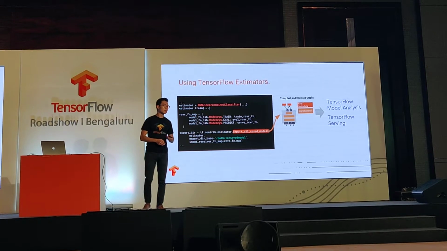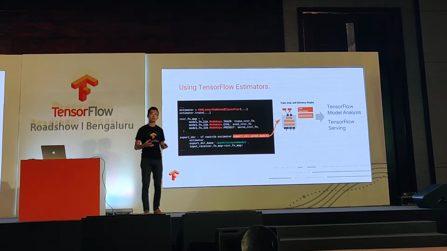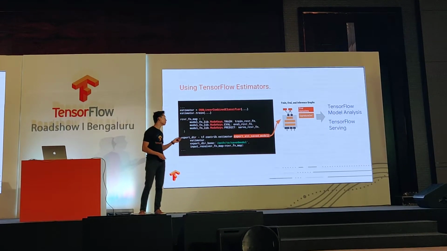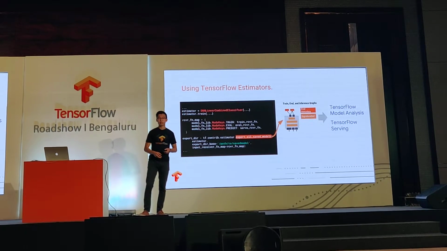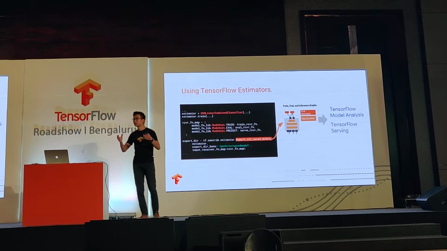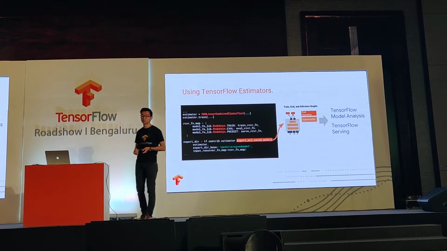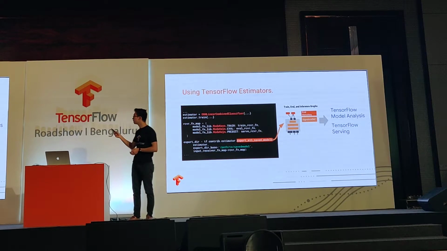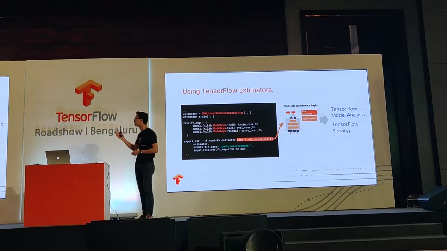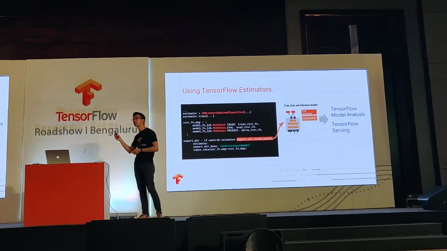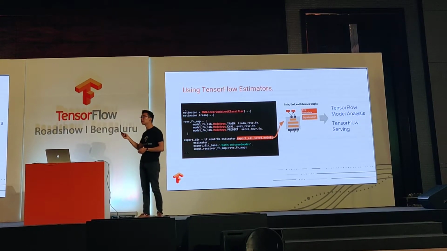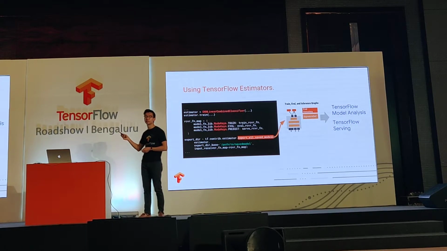After training, you can save your model with its learned weights into a saved model format. This saved model format is the standard format that all TFX components use. A saved model contains the weights and the graphs for training, eval, and inference. So you can directly pass that saved model into downstream components like model analysis and serving.